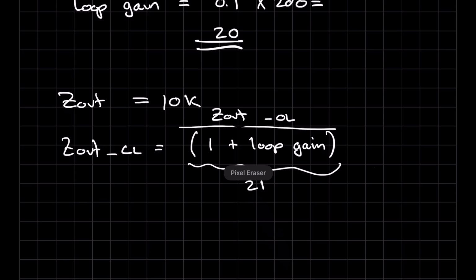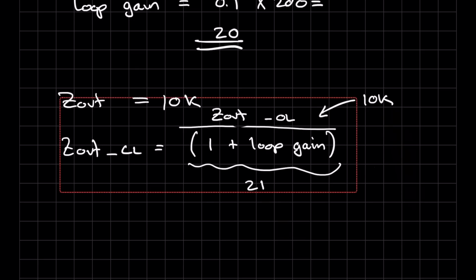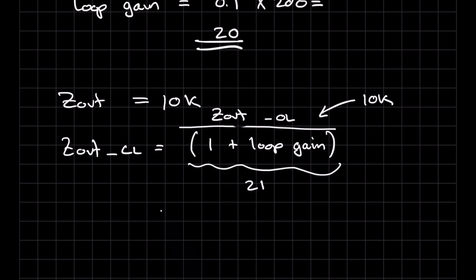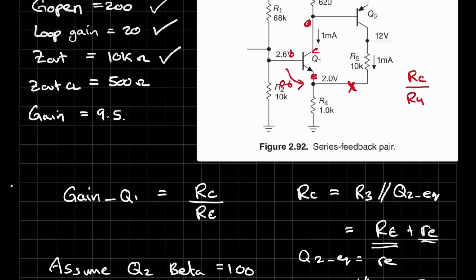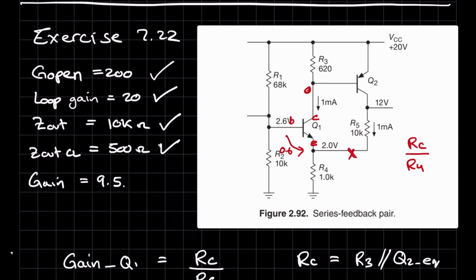Now 1 plus the loop gain is equal to 21, and our open loop output impedance was 10K. So we can write this as 10,000 divided by 21, which is equal to 476. So you can see we've got an output impedance of about 500. Now, if you go back to the question, that's another tick because that's what the book is asking us to derive.